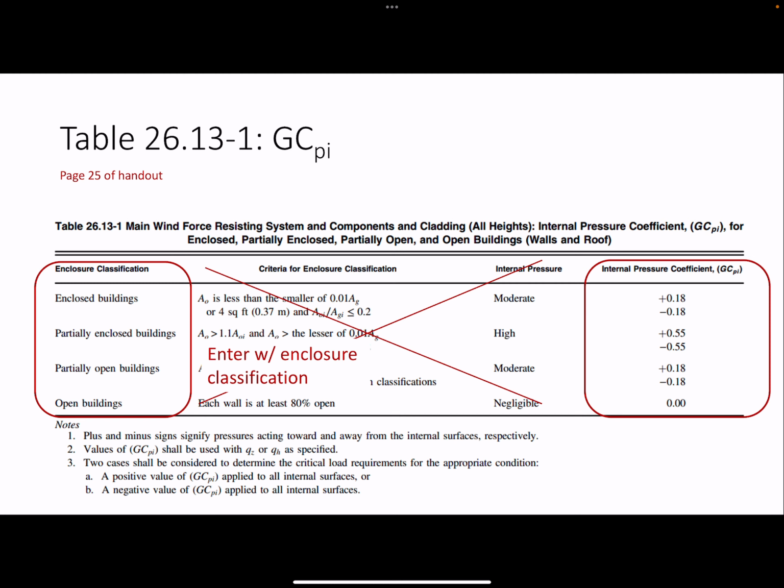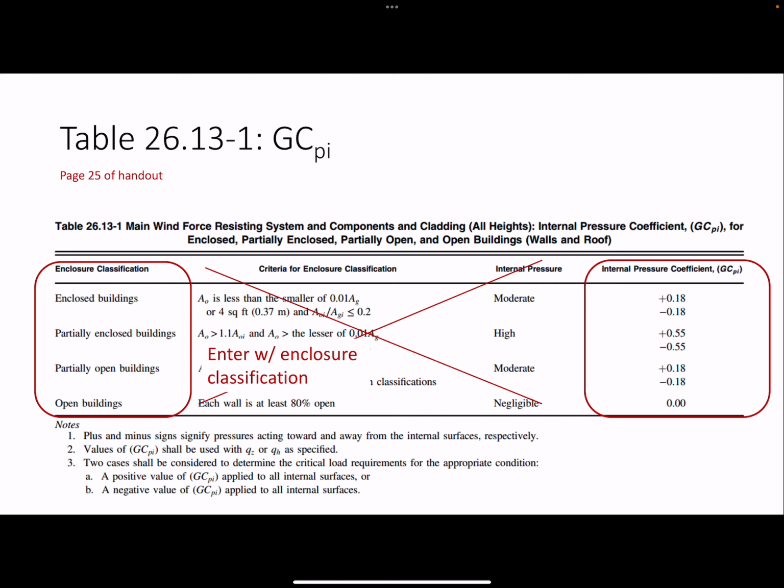The worst case scenario for building wind loads is the partially enclosed. This gives you the highest internal pressure coefficient, plus or minus 0.55. That's a scenario where the wind can easily enter a building, but it's harder for it to escape, so it can generate large internal pressures.